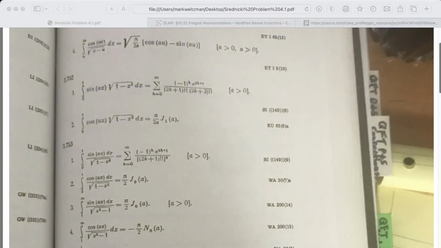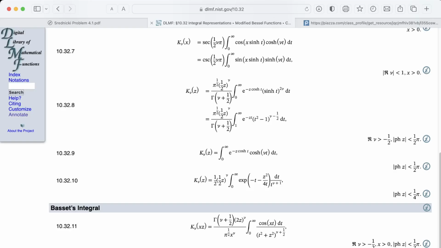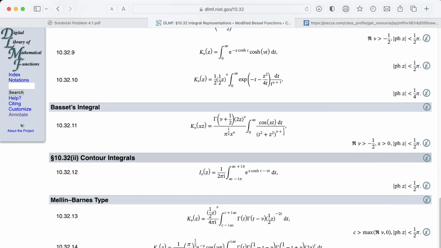I'll just show it to you here. This is the digital library, and they have Basset's integral. And if you put nu equals 0 in this, you'll get what we want. And the same thing as what was in the Russian book. So, same as when nu equals 0.